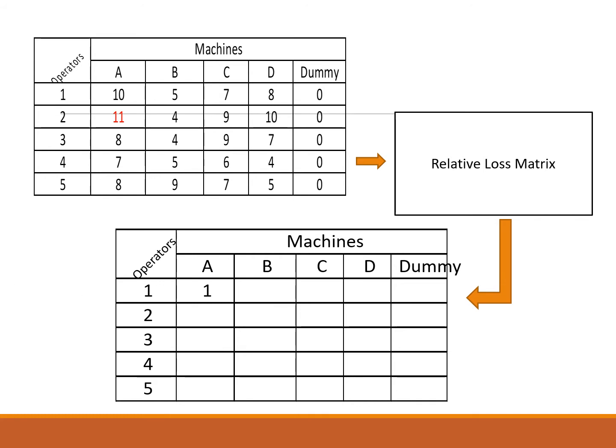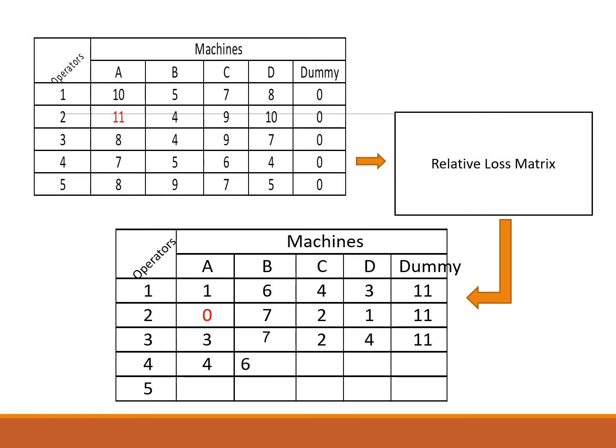So for the first row, 11 minus 10 comes 1, then 11 minus 5 comes 6, 11 minus 7, 4, 11 minus 8, 3, 11 minus 0, 11. Next, for operator 2, 11 minus 11, 0, 11 minus 4, 7, 11 minus 9, 2, 11 minus 10, 1, 11 minus 0, 11. Next, 11 minus 8, 3, 11 minus 4, 7, 11 minus 9, 2, 11 minus 7, 4, 11 minus 0, 11.